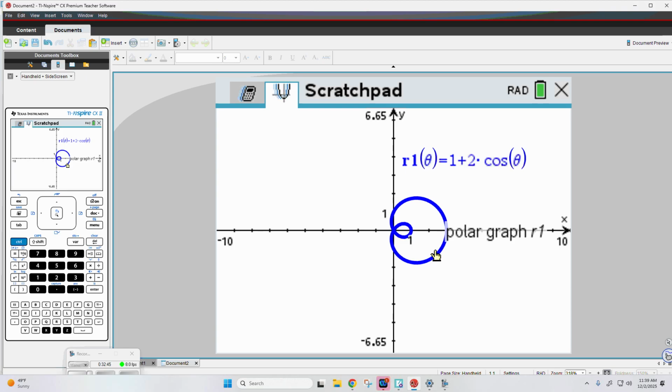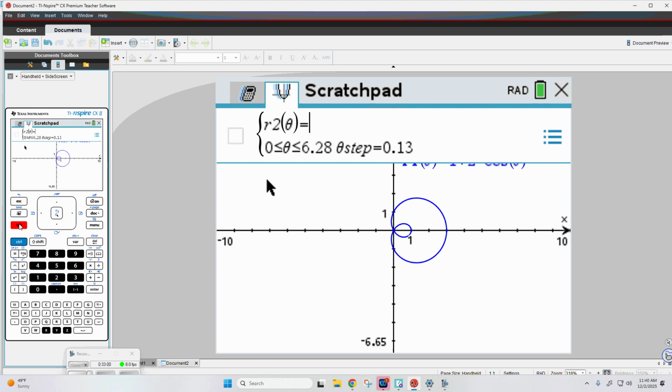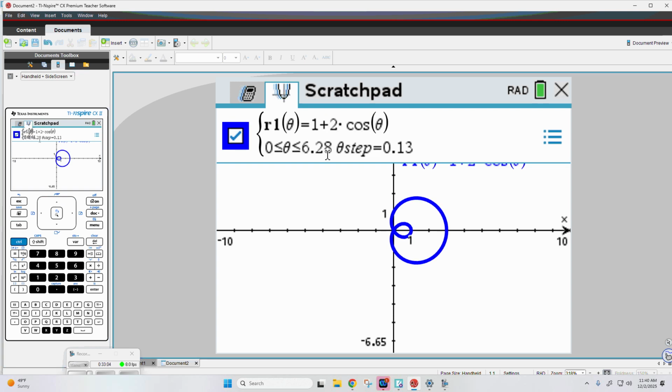Now remember what I said, A is 1 and B is 2. If it's cosine, you're going to find it along the x-axis. If it's sine, you're going to find it along the y-axis. But let's go back in here real quick. Let me change one thing. Let's say all I do is change it from a 1 plus to a 1 minus.